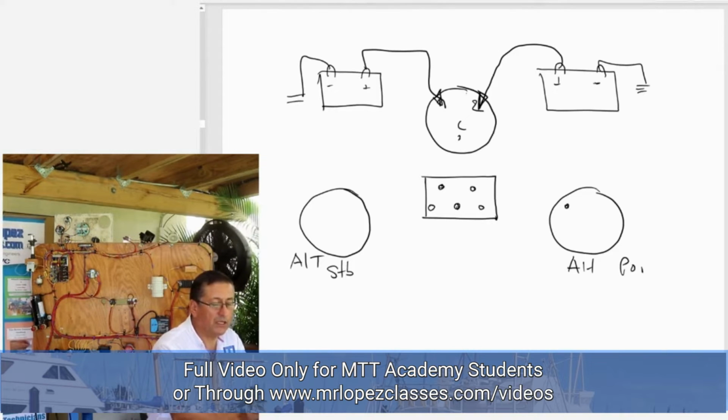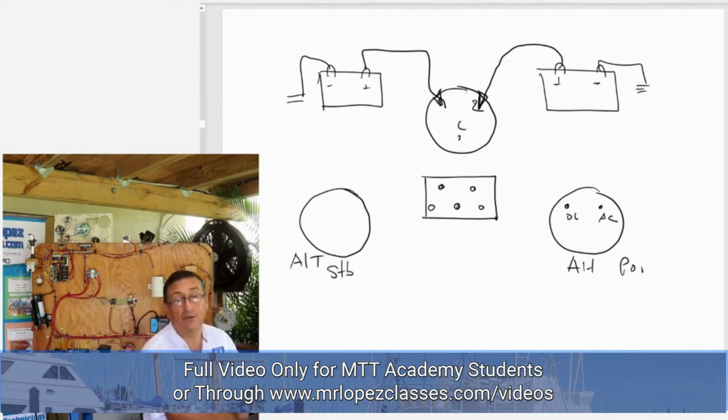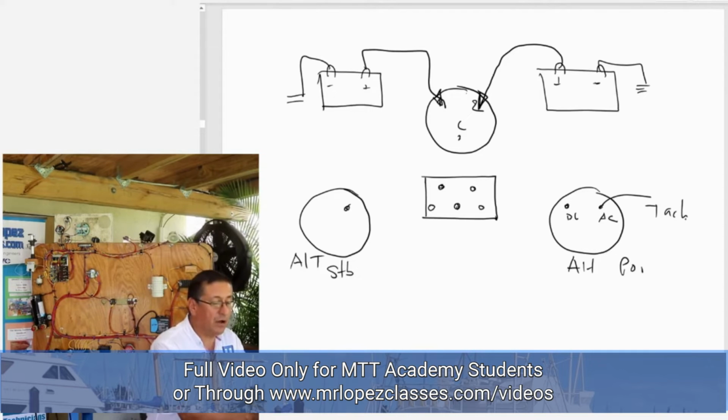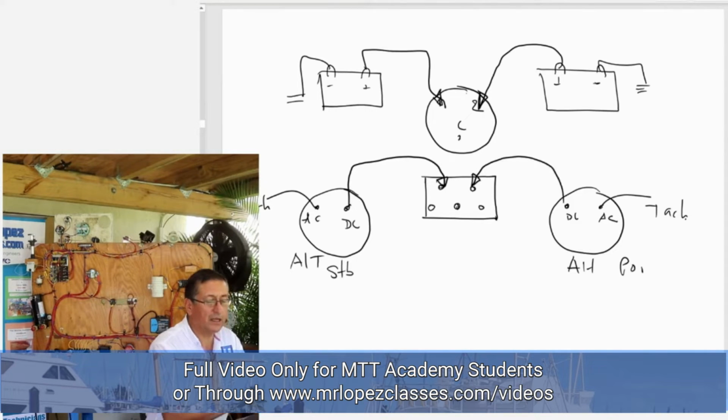I am going to connect one input. This is the output DC of the alternator, and this is the output AC. Remember, the output AC of the alternator, as we are going to learn in the next episode, will be used to connect the tachometer. And this is the output DC of the alternator, and this is the output AC connected to the tachometer of the other engine. This DC output should be connected here, and this DC output should be connected here.